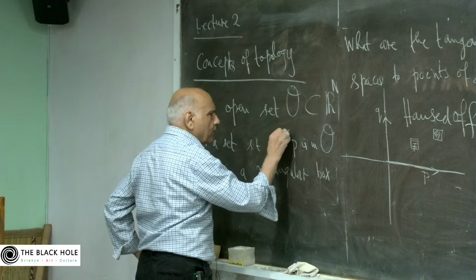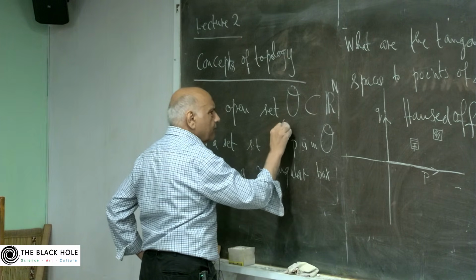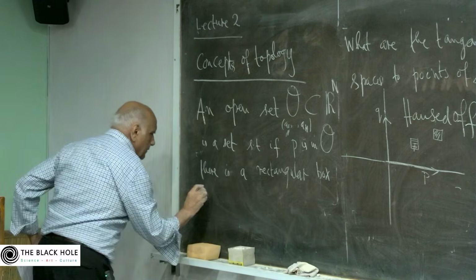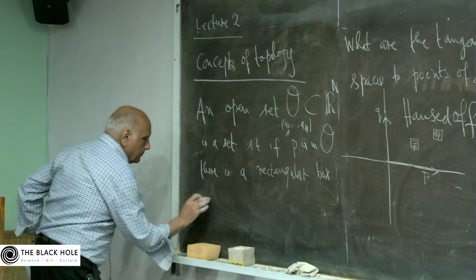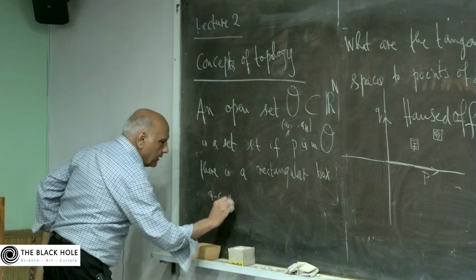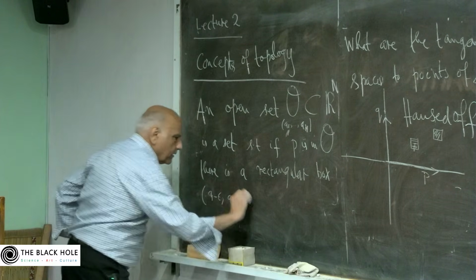Let's give P some coordinates a1 up to an, and take the intervals (a1 minus epsilon, a1 plus epsilon) crossed with the others.